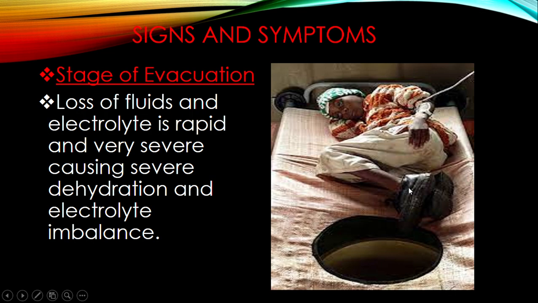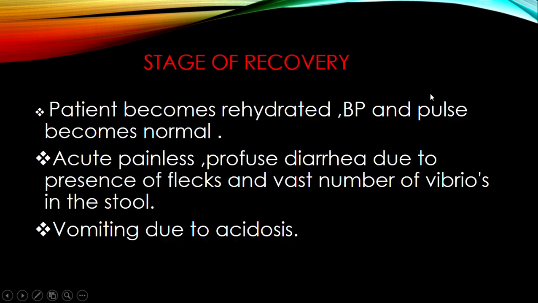The patient is unable to hold the pressure of the diarrhea, so they have to be nursed on a bed which looks like this one. And of course the intravenous fluids, which are a major part of the management, are connected. So this patient is even receiving IV fluids.